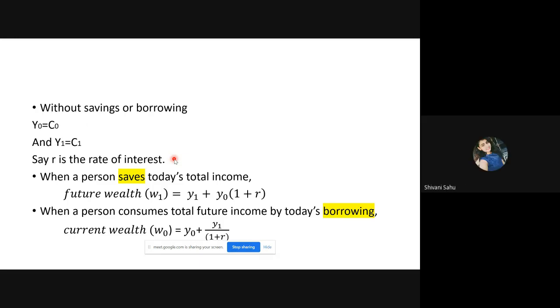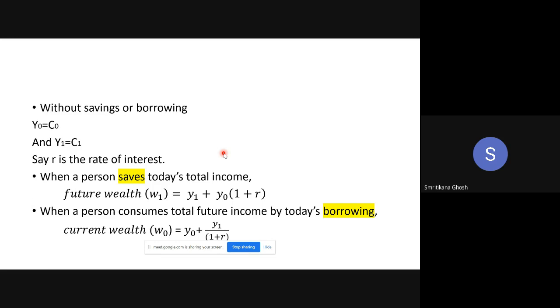Yes, ma'am. Now I am giving you the option. Say, the second and the third bullet, these two are the extreme situations. The first option is whatever you are earning, consume it.